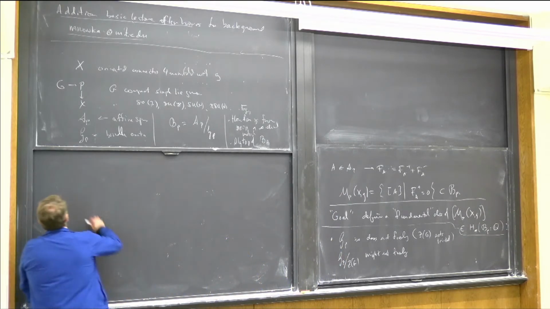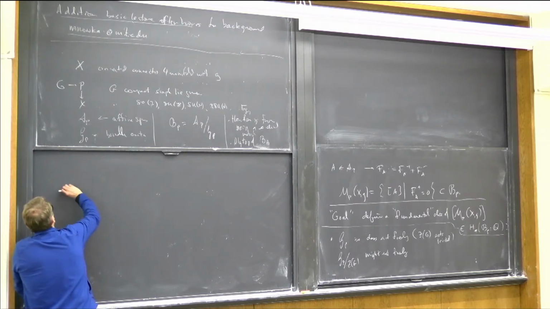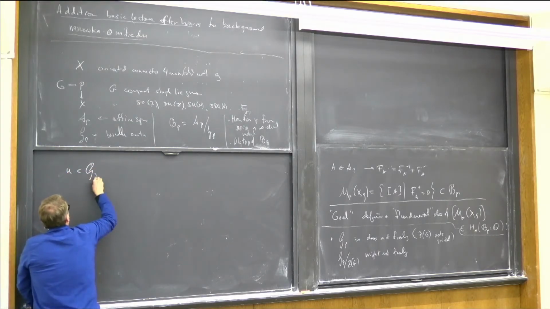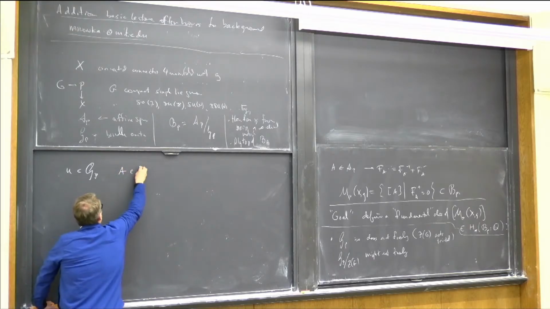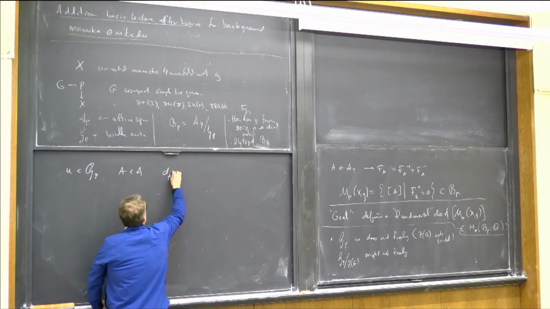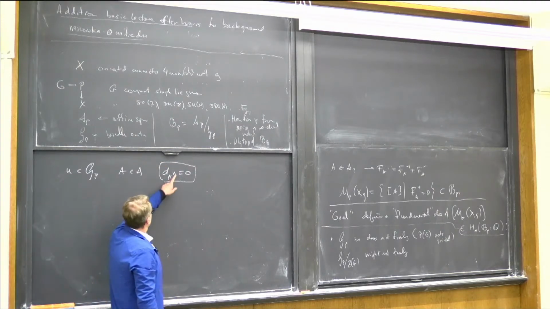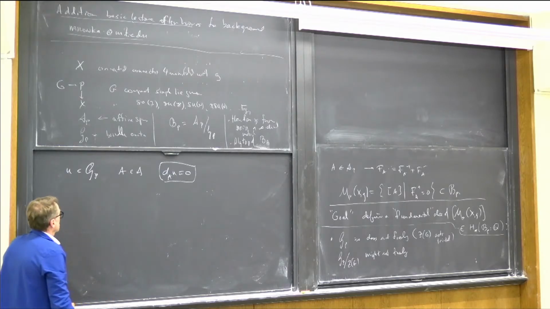That happens if, let's say, you use a gauge transformation u and A is a connection, then we can ask the condition that this gauge transformation should be parallel with respect to the connection.